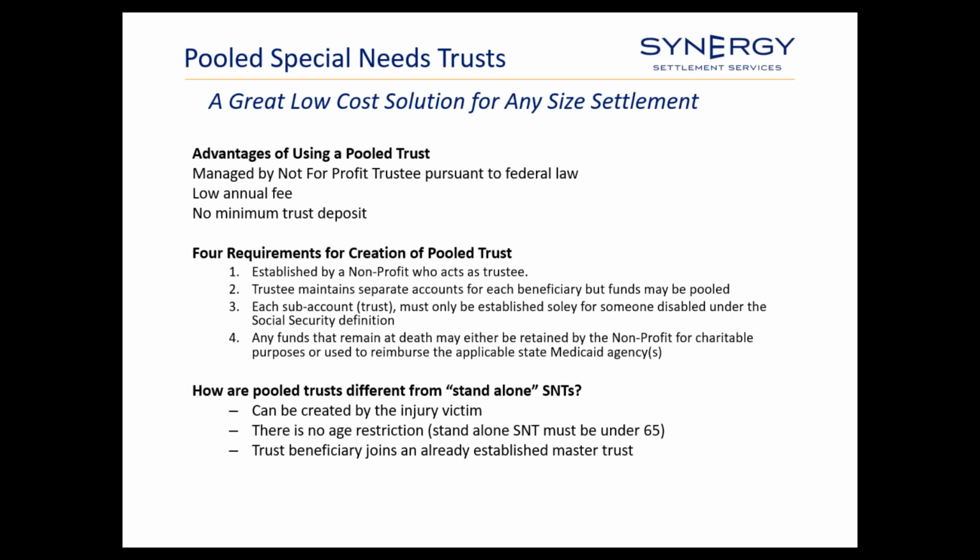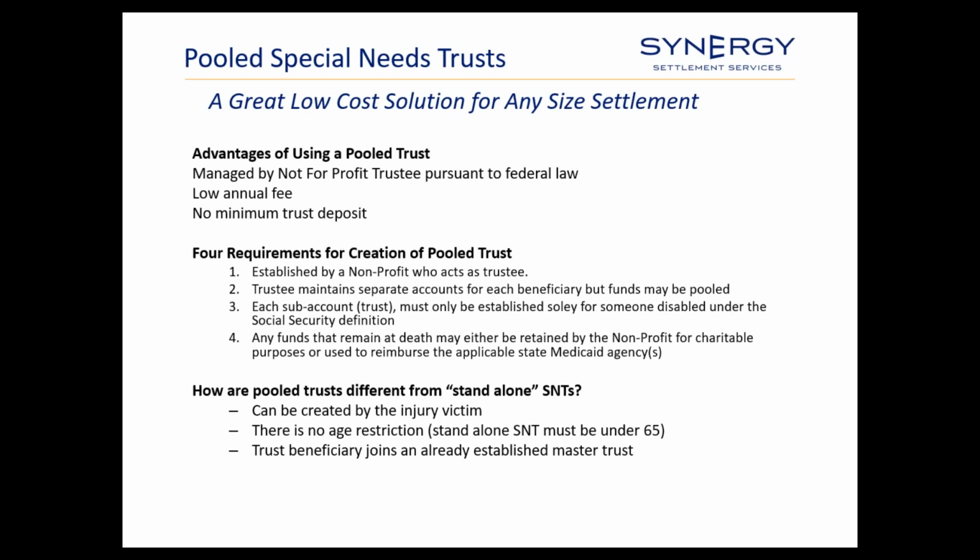The 4 requirements to create a pooled trust are to have a nonprofit that can act as a trustee. The trust needs to maintain separate sub-accounts for each beneficiary, but the overall investment account can be pooled together. Each sub-account must only be established solely for the disabled person that meets that Social Security disability benefit.